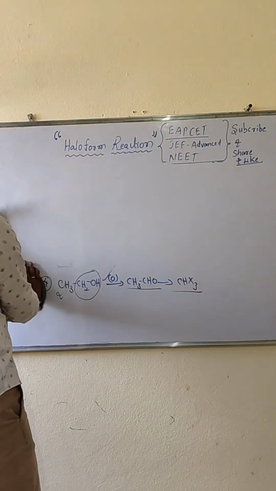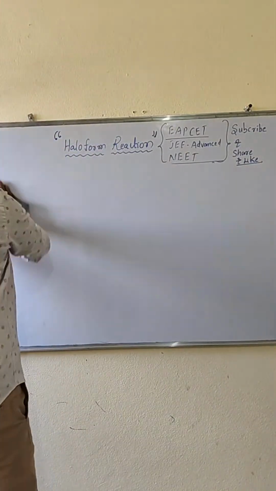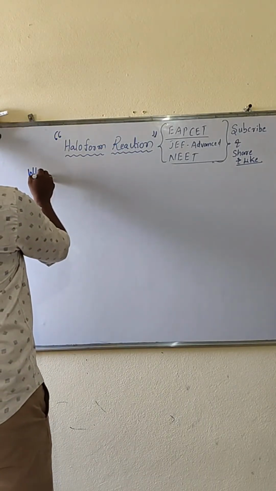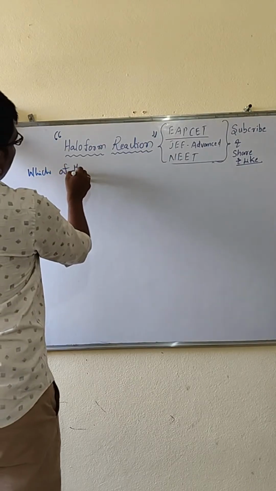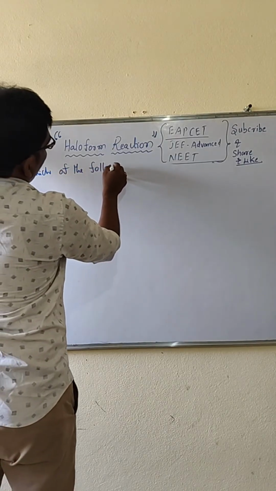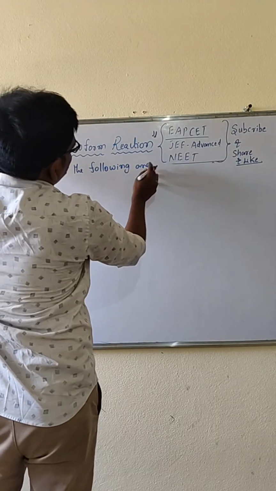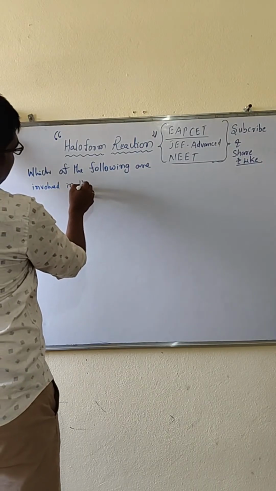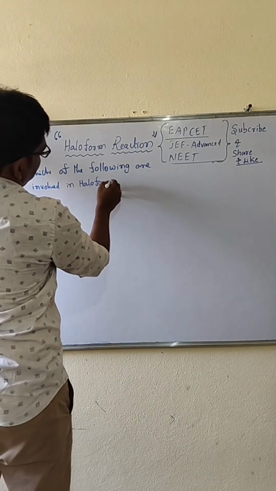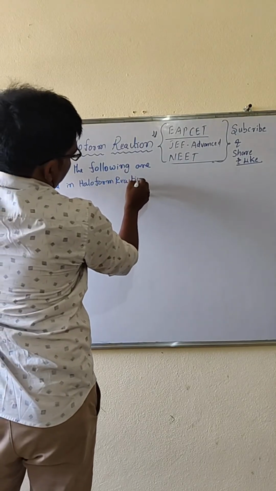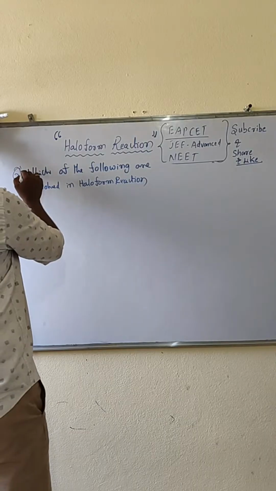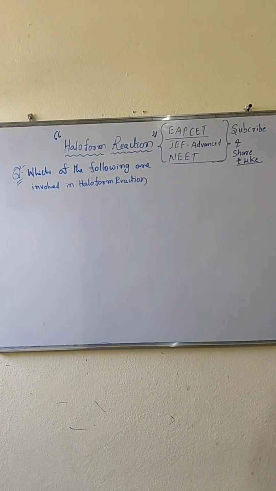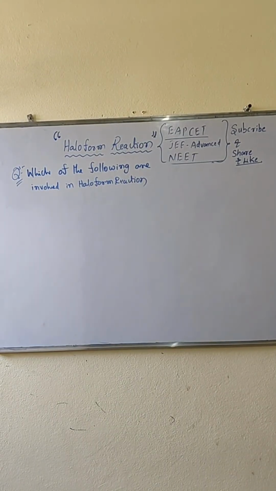I am explaining a question again for you. So which of the following are involved in the haloform reaction? A large number of compounds we will discuss at once itself, so that it will be understood clearly, what all are involved in the haloform reaction and what are not.